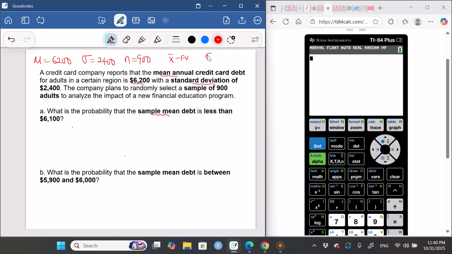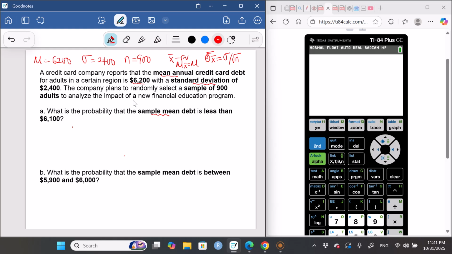But in this case, we're going to use sigma x bar, that is the standard deviation of the sample mean. In this case, we use the standard error, which is sigma over the square root of n. Likewise, for the mean, we use the mean of x bar, which is still equal to the mean.